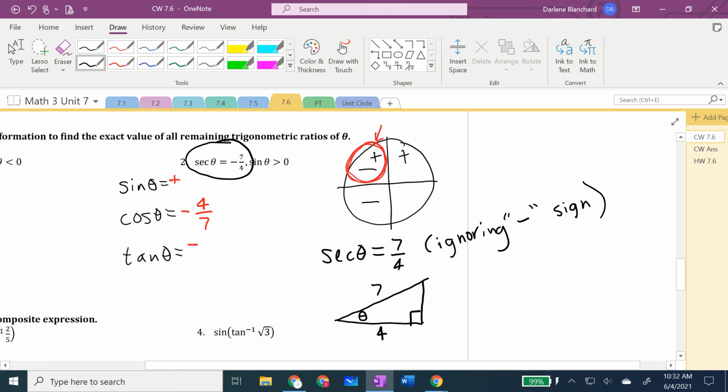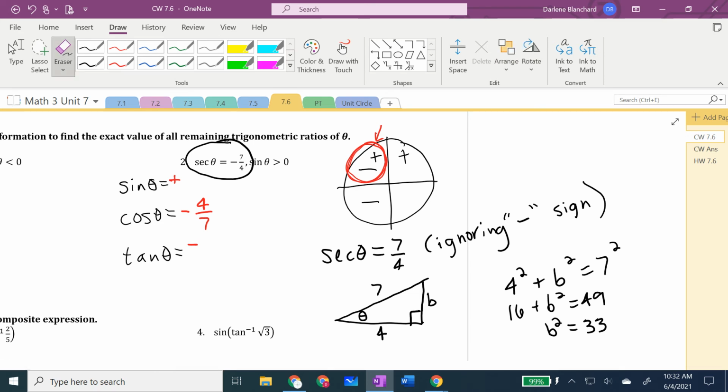And then with Pythagorean theorem, I can come up with the length of this side. So 4 squared plus b squared equals 7 squared. 49 minus 16 will give me 33. And so I'm getting the square root of 33.